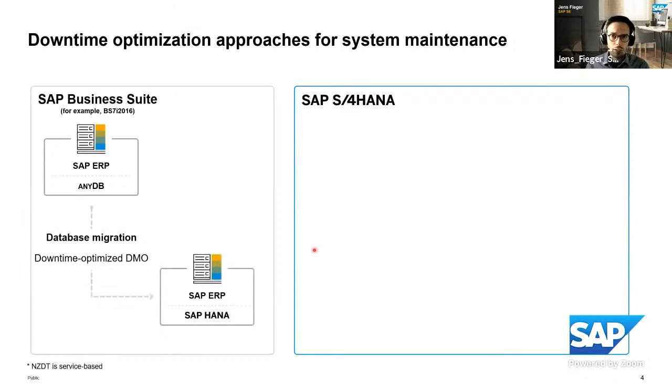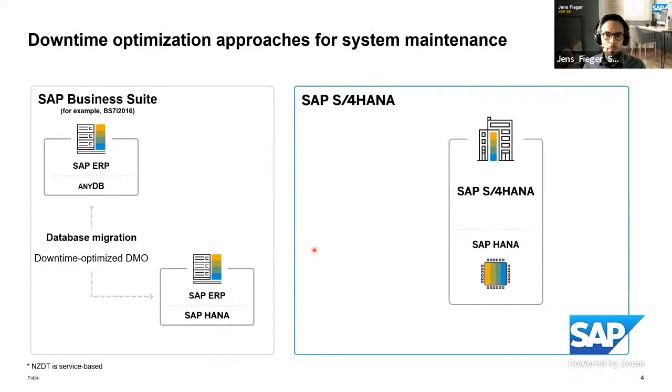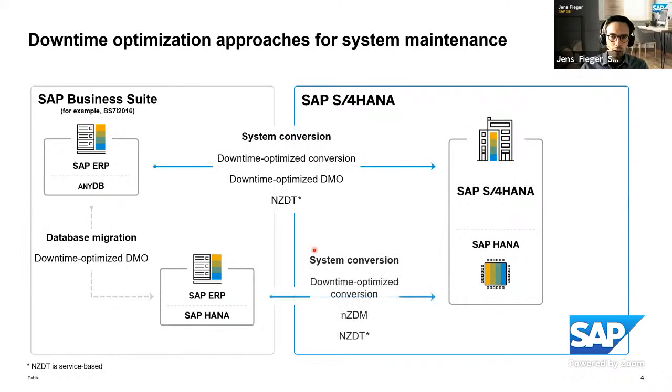It's just to emphasize what we have in our portfolio with regards to maintaining existing ABAP-based systems like SAP ERP and of course also SAP S/4HANA systems. You can see we have quite some downtime optimization approaches, dependent on the scenario that you want to achieve.